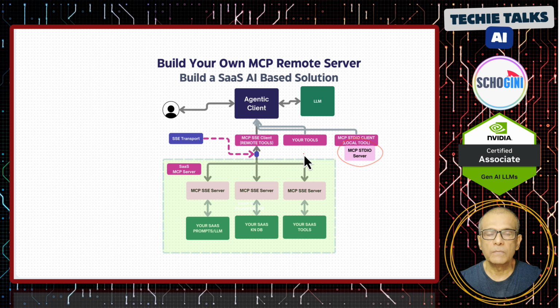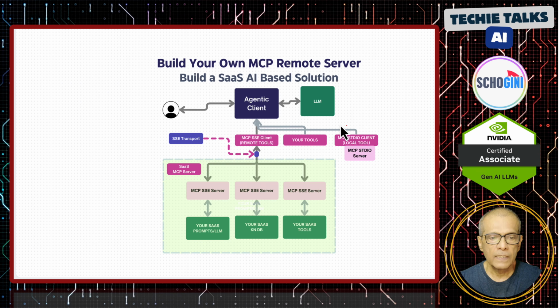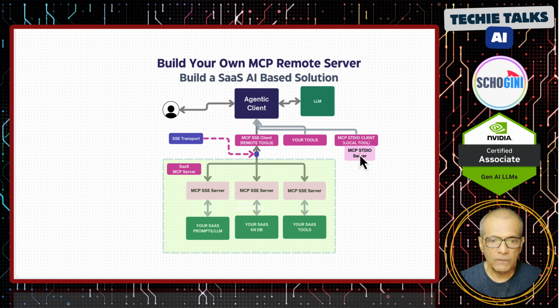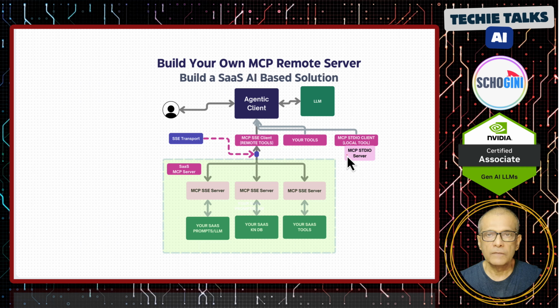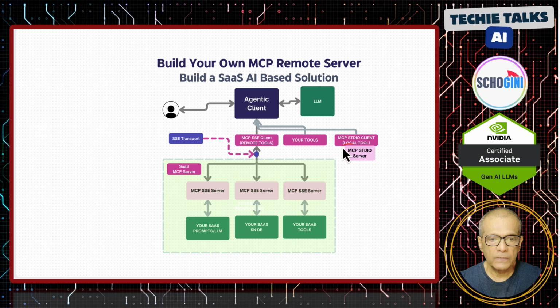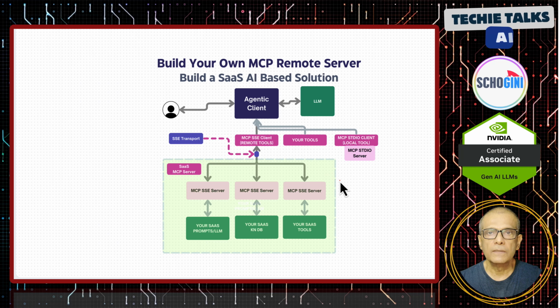It is the client that invokes the MCP server directly, and it acts as the tool. But the problem with such a solution is that our intellectual property also stays with our clients. If you don't want to reveal your solution and only offer it as a service, then you need to offer a remote MCP solution.